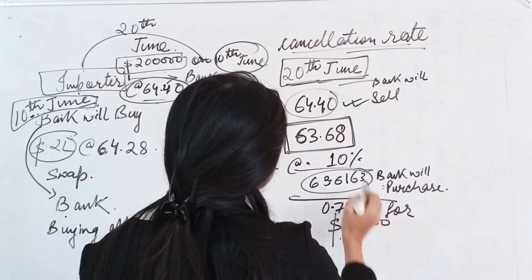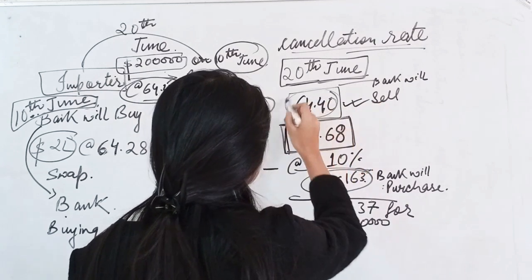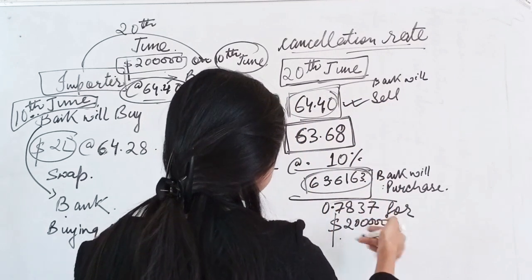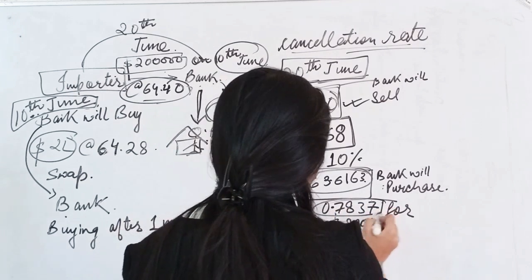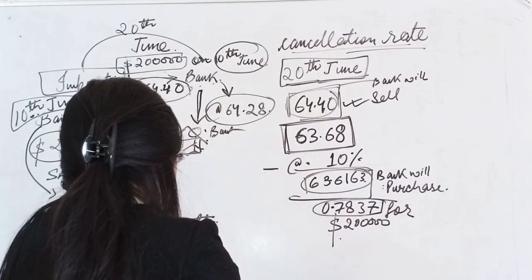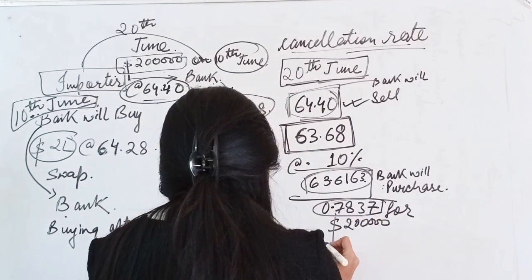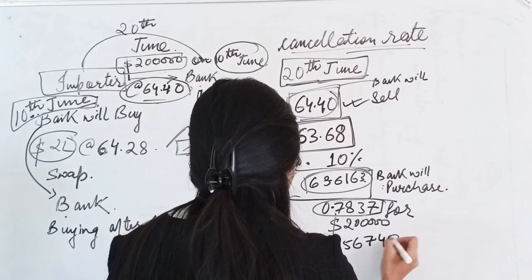The bank sells at 64.4, which is greater than the repurchase rate, so after netting off this is the selling rate for the bank. Multiplying by 2 lakh, we get rupees 156,740.